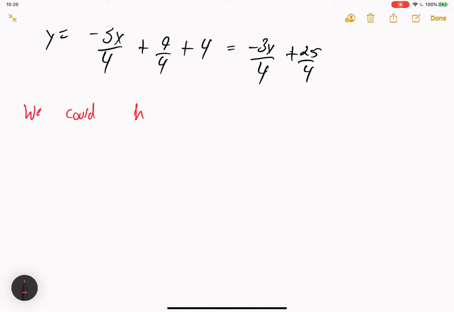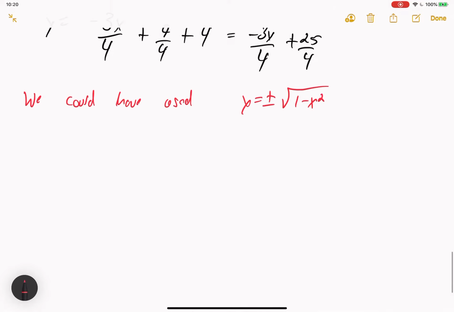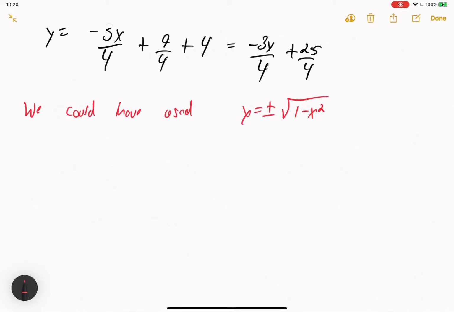What we did previously was we had y equal to plus or minus the square root of 1 minus x squared, and took the derivatives here. And then you just have to be mindful of which side the point is on. So 3/4 is on the upper side, so you have to use the top curve, the positive one. So 3/4 is on this piece right here.